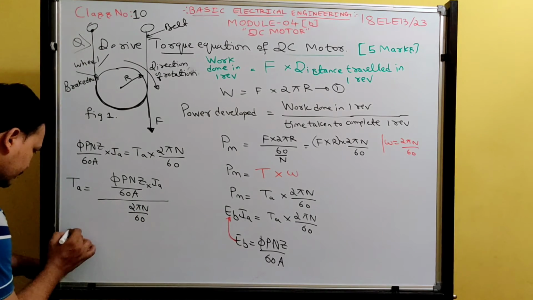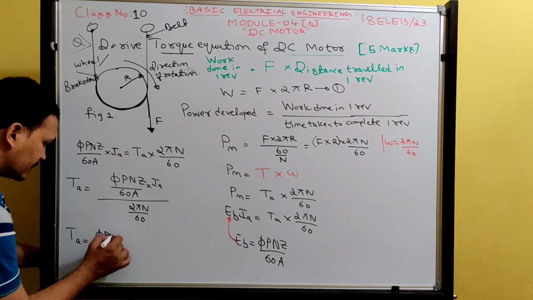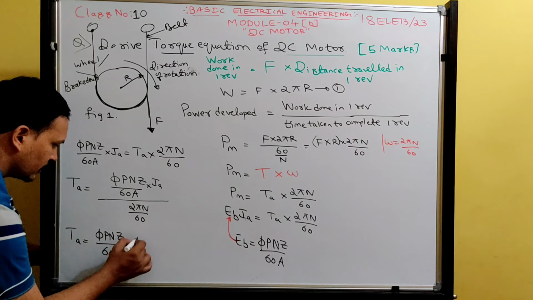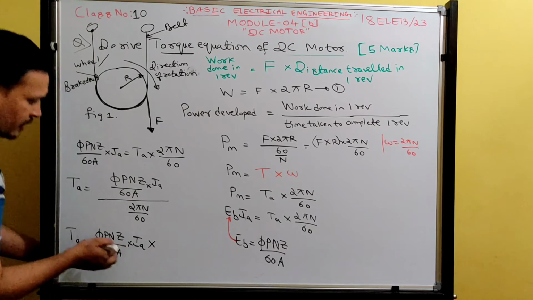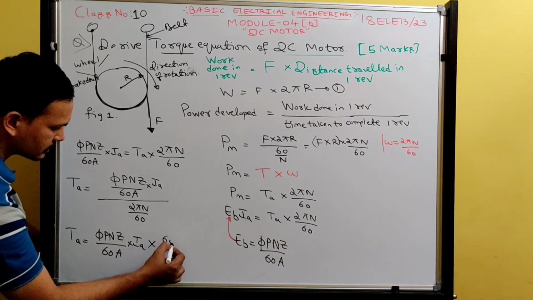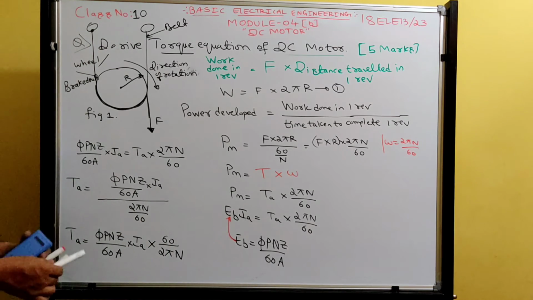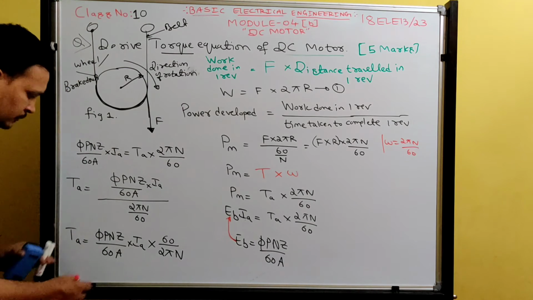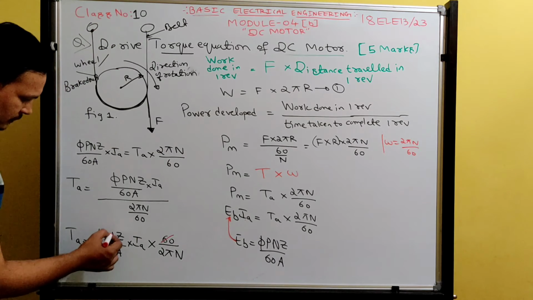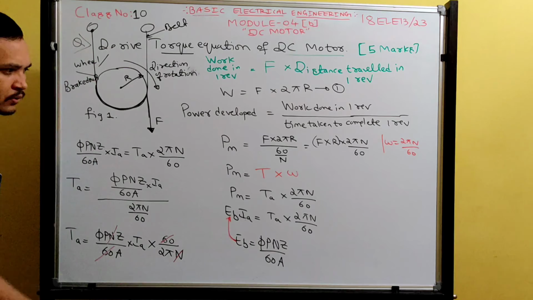So further, TA equals pi P N Z by 60A into phi IA multiplied by, now this will go to the numerator, 60 divided by 2 pi N. Now this 60 and this 60 will get cancelled, and N will get cancelled. What is left, that you write.